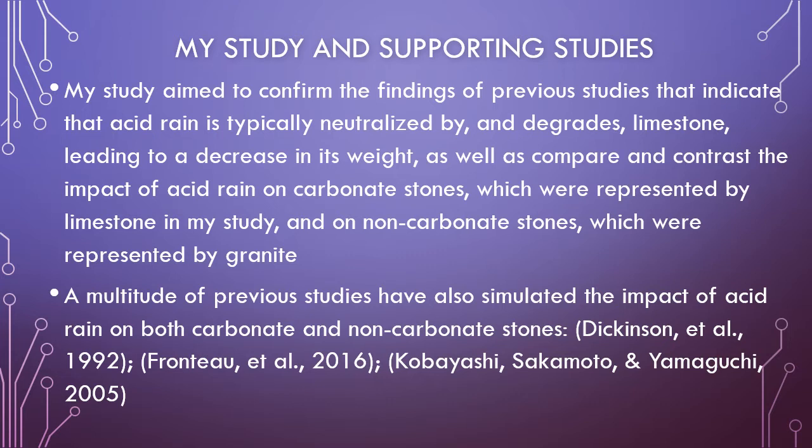Passive immersion basically entails exposing the stones to a diluted acidic solution that is supposed to be the same pH as the average pH of acid rain. And basically the stones are just immersed in that acidic solution for a certain period of time.